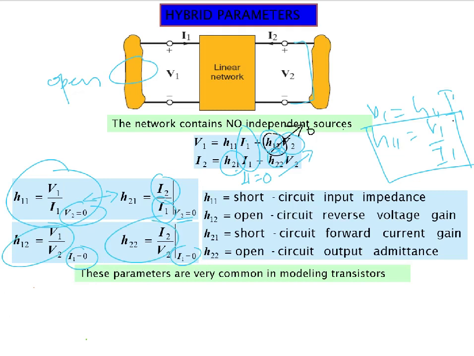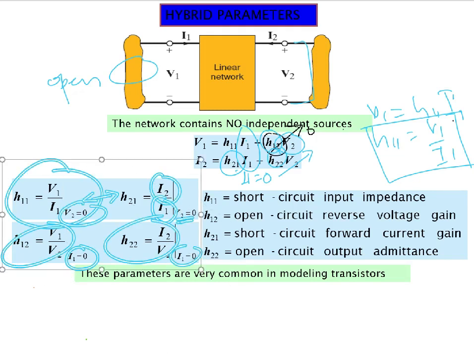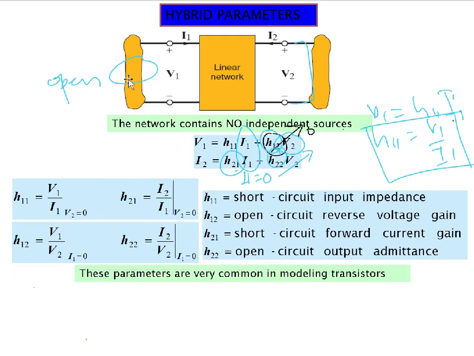So now let's discuss the parameters that we got. We have calculated V1 by I1. V by I is R or Z, so that means these are impedances, and we call it input impedance because it is on the 1 side.